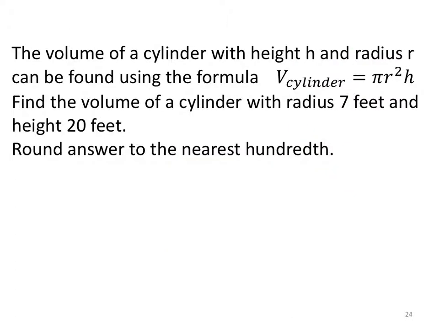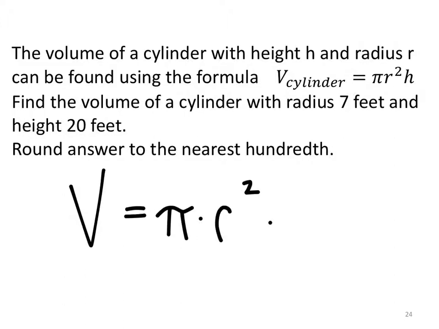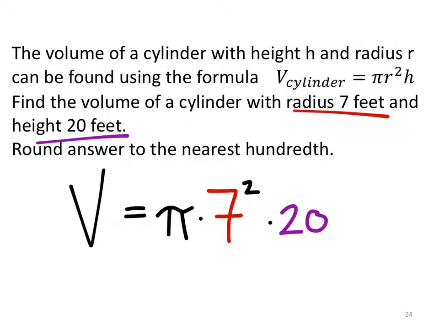Lots of words here. The volume of a cylinder with height h and radius r can be found using this formula. Okay, we already knew that one. Find the volume of a cylinder with radius 7 feet and height of 20 feet. So this is the volume for a cylinder. The volume is pi times the radius squared times the height. And in this case, they give us both the radius and the height. So this sets up pretty well for us just to plug this directly into the calculator.